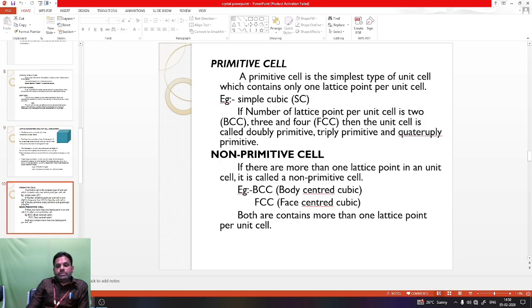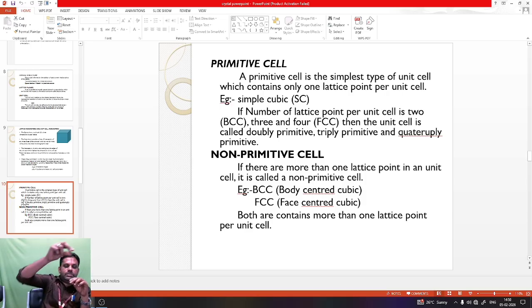The next one is primitive cell and non-primitive cell. So what about primitive cell? Consider a cube, which has 4 corners at the top and 4 corners at the bottom.